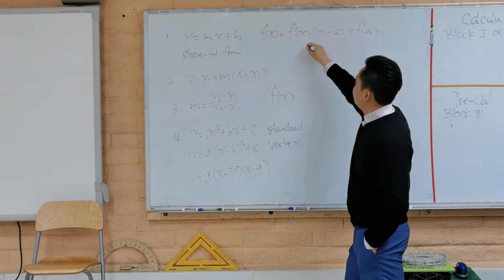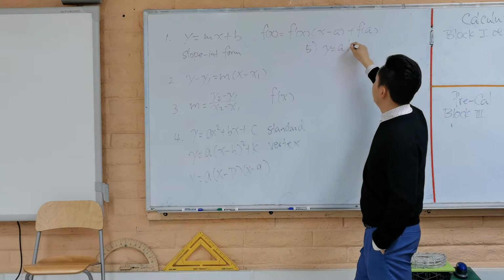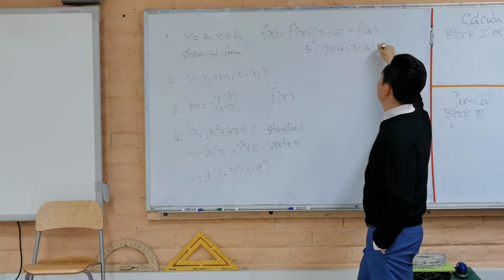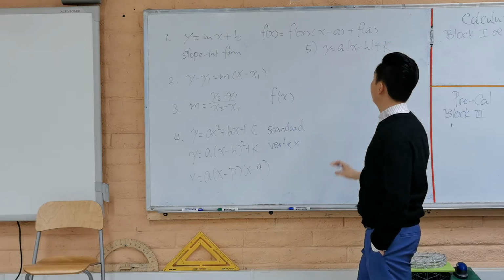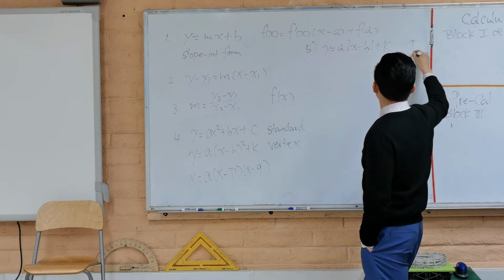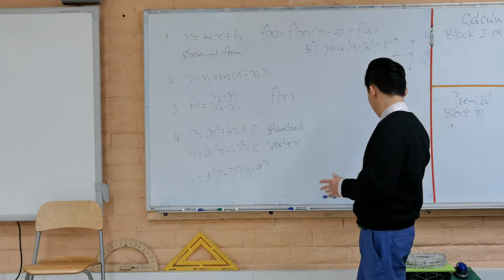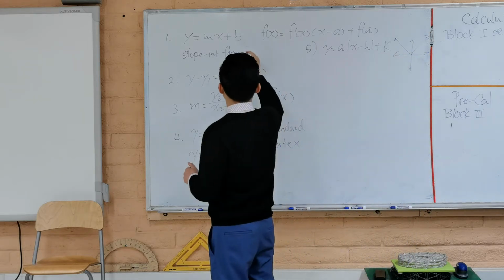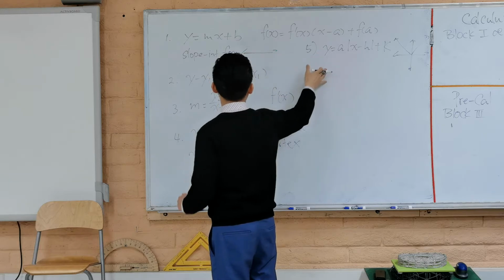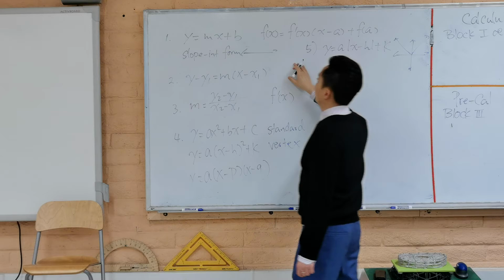For number 5, we do have the absolute value: y equals a times the absolute value of x minus h, plus k. The absolute value graph is always a V shape. It's kind of like a linear function, but a V shape: one side is going in the negative direction, the other in the positive direction.